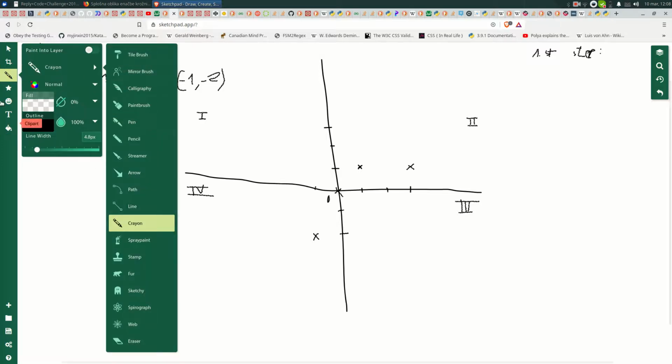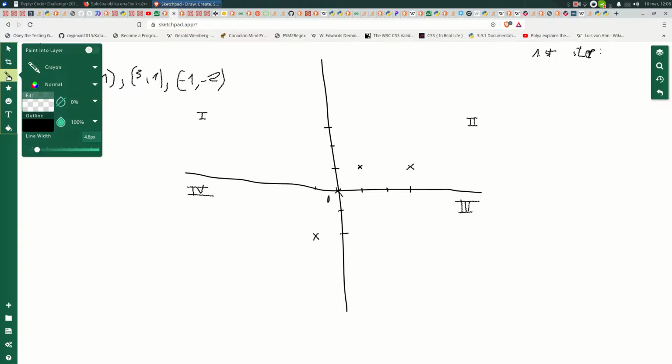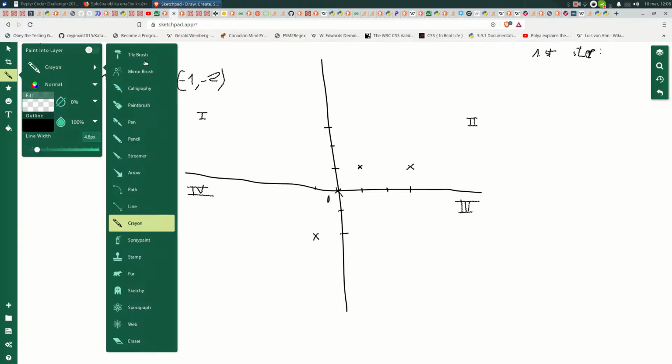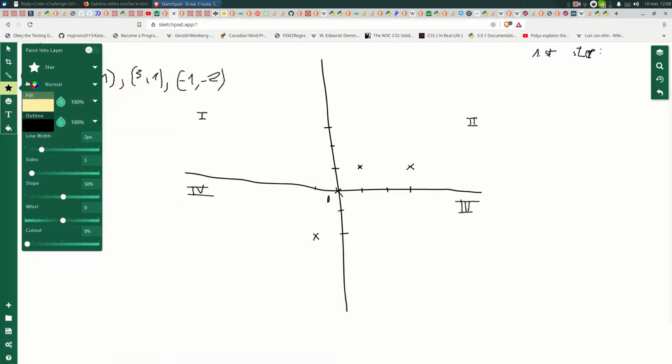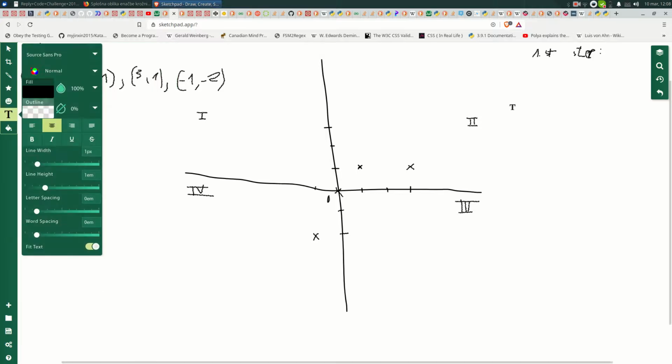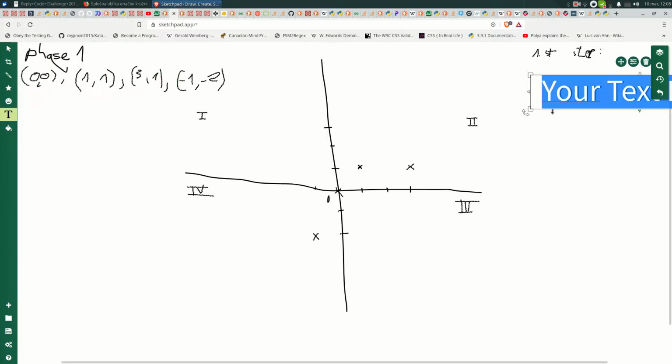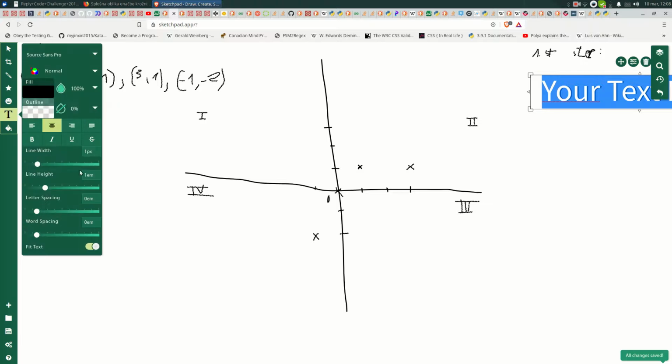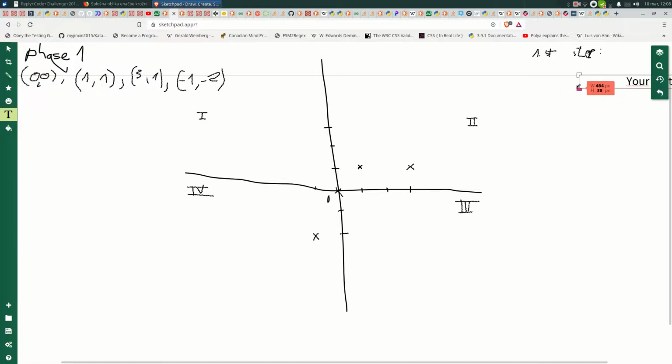Where's the text thingy? Star. Nope. Ah, it's over here. Oh, it's too big, man. A little bit too big. Okay.